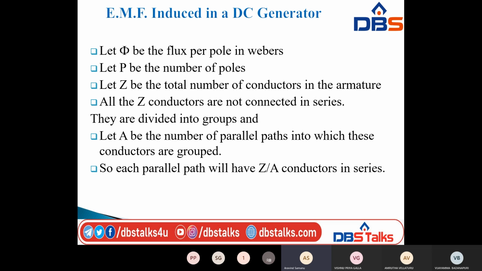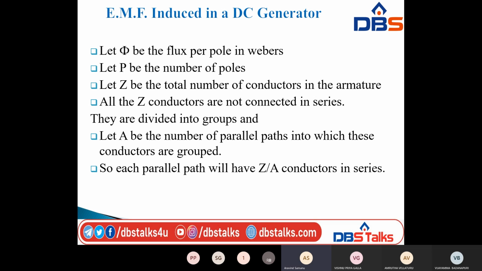To derive the EMF equation for a DC generator, we have to consider some parameters: first phi, next P, next Z, and next A. Phi is the flux, P is the number of poles, Z is the total number of conductors in the armature, and these conductors are not connected in series.